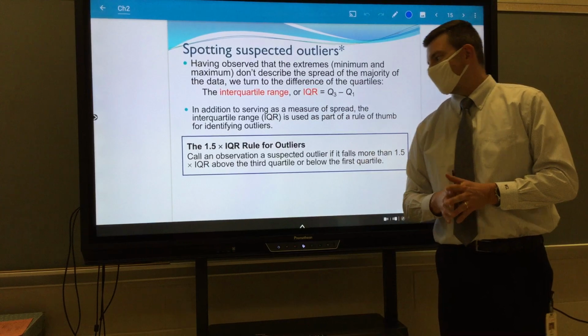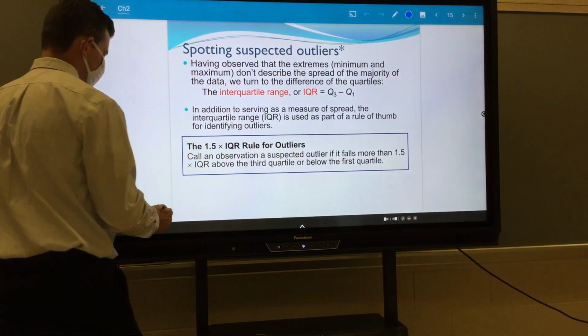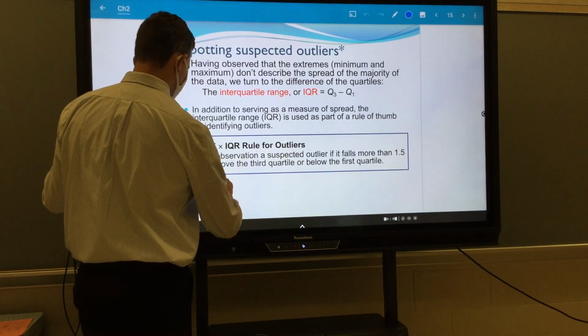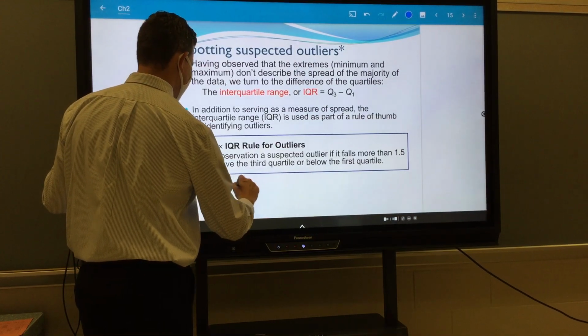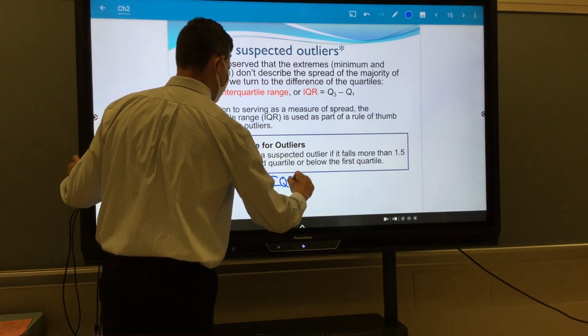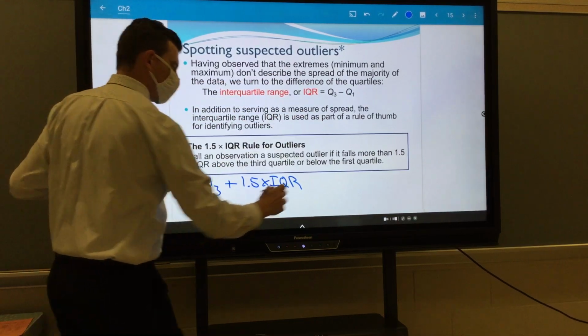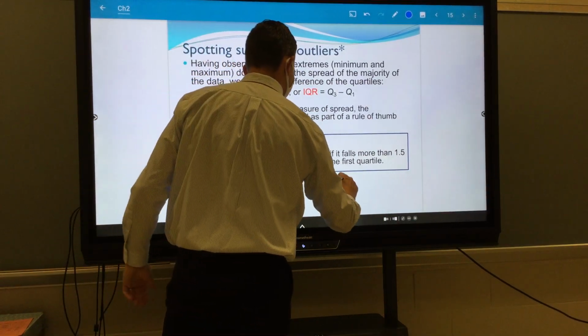So we use this 1.5 times the interquartile range rule to say that if we were to use Q3 and add on 1.5 times the interquartile range, anything above that is going to give us an upper outlier.